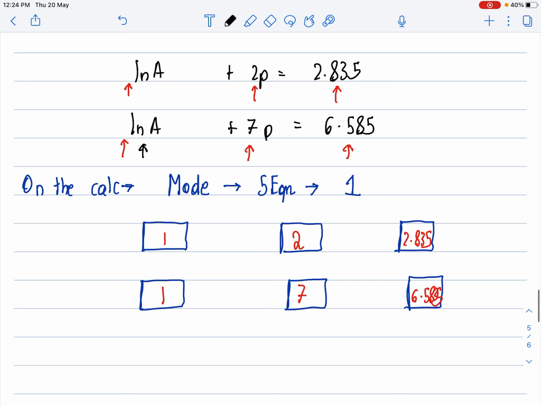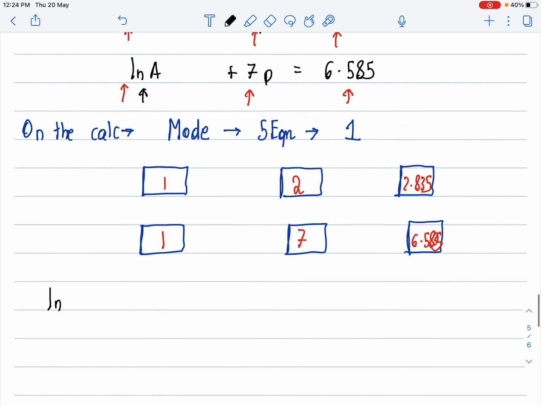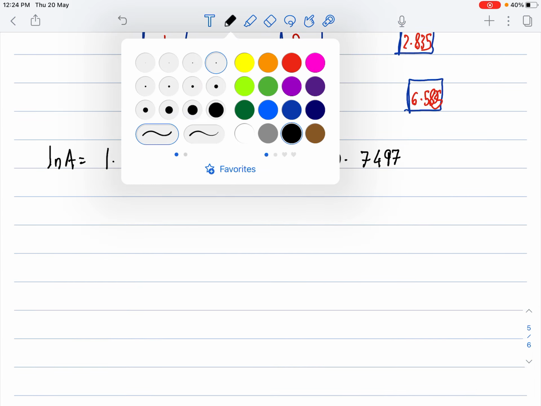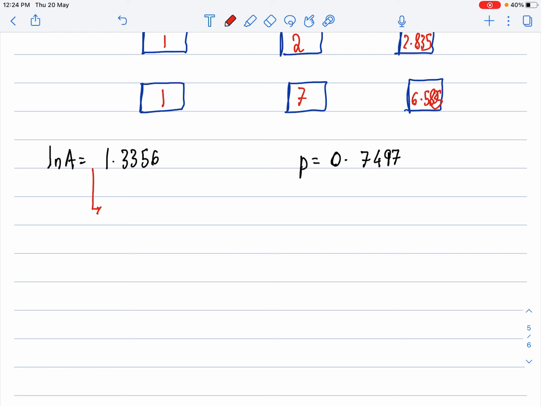When you do this, you get your answer basically as ln A equals 1.3356 and you get your P as 0.7497. Now I can use the property that states that log of b with the base a is equal to x.